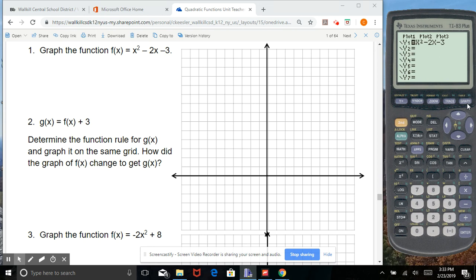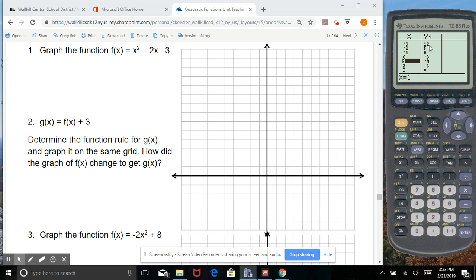Pull up your table. Now, when you've got your table up with any quadratic function, you're looking for the turning point or the vertex of the function. So you want to make sure you're graphing that point so you're proving that you understand that a quadratic function is that U shape. So I have in my window the vertex right here, 1, -4.